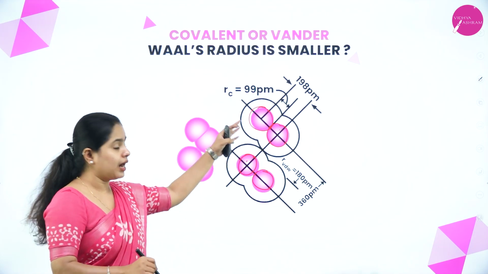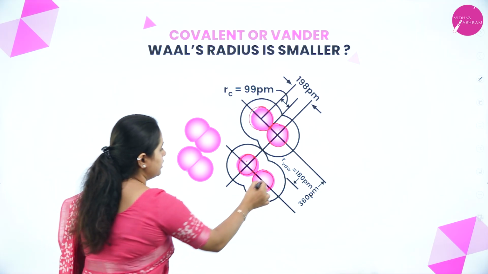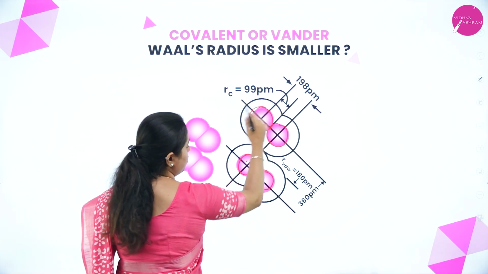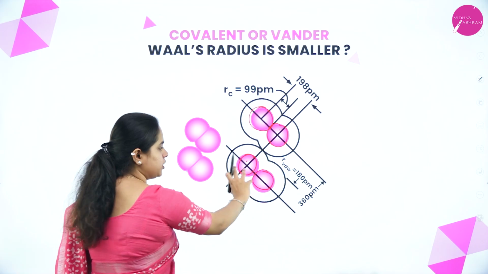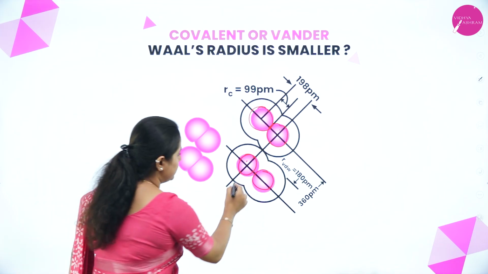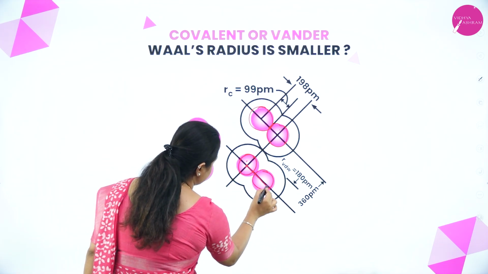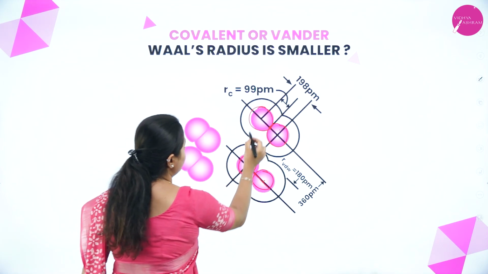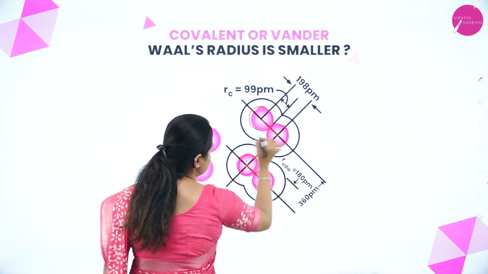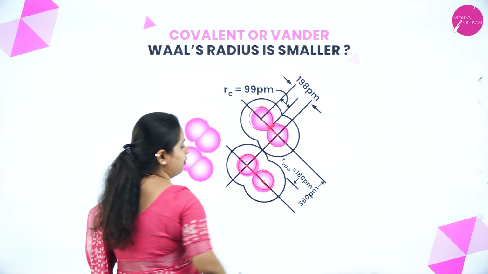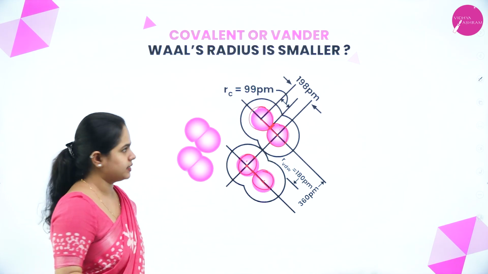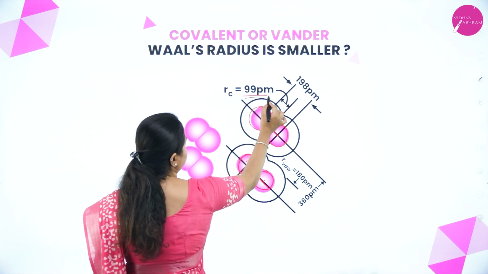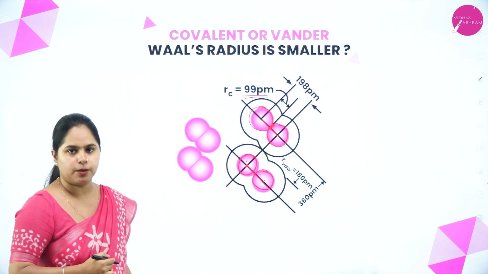They are atoms of two different molecules. This is one molecule, this is another molecule. In a molecule, when two atoms are covalently bonded, if we take half of this internuclear distance, we get the covalent radius. As you can see, the covalent radius is 99 picometer.